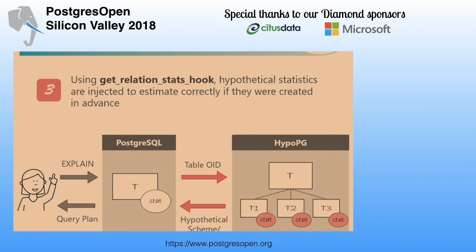Also, when Postgres gets statistics to compute selectivity, hypothetical statistics are injected into the planner as well, if they are created in advance, using the get_relation_stats hook. By creating hypothetical statistics, HypoPG estimates hypothetical partitioning correctly.